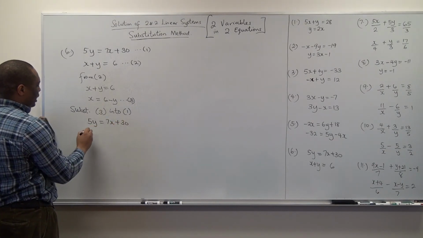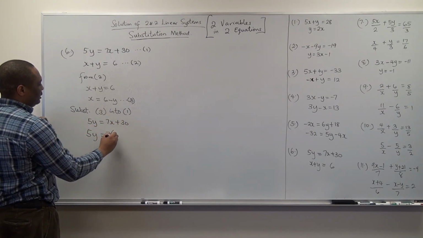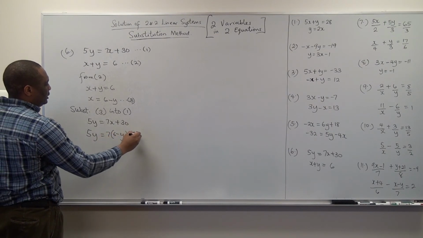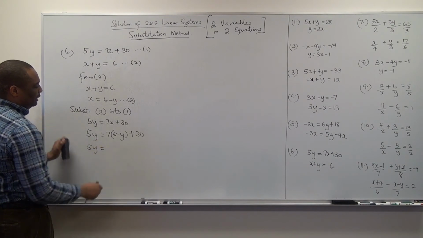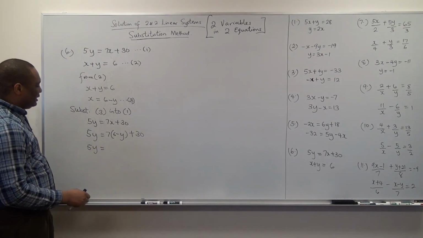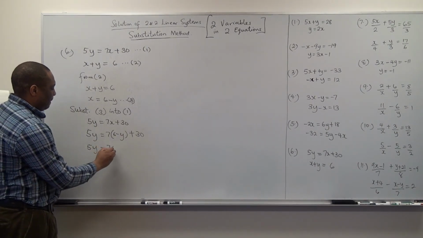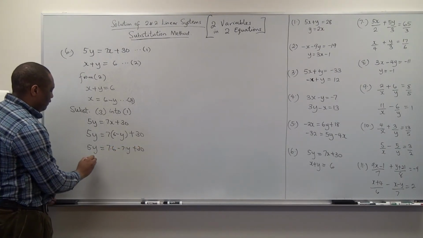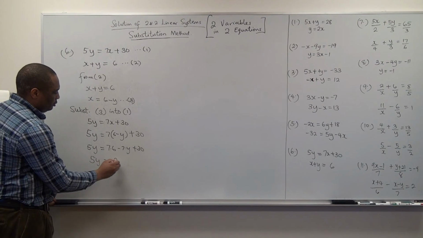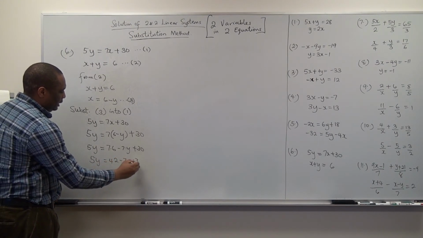We substitute for x: 7 times 6 minus y, plus 30. That gives us 5y equals, when you distribute, 7 times 6 minus 7 times y, plus 30. 5y will be 42 minus 7y plus 30.